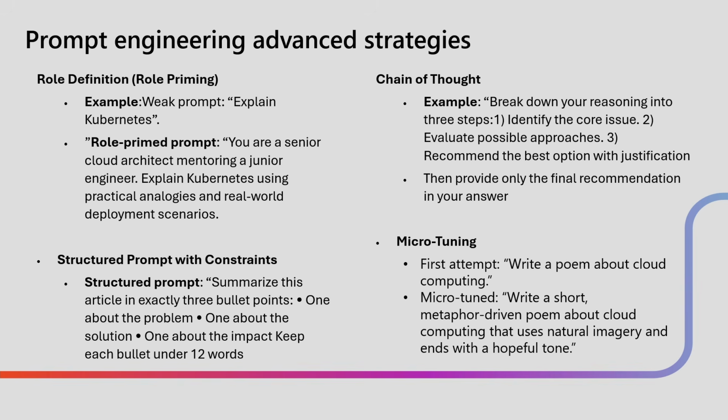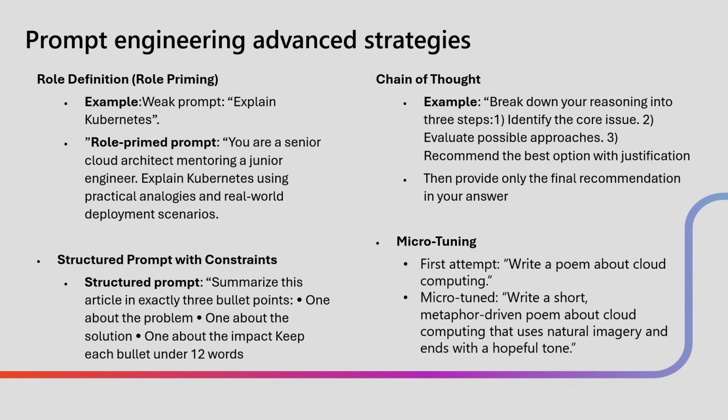Let me share a few examples to illustrate this even more. Assigning the model a role or a persona anchors its perspective and significantly affects the quality of its output. For example, you could prompt, explain Kubernetes, and then yes, it will effectively explain what this technology provides. But what if you optimize this prompt with specific role definitions, such as: you are a senior cloud architect mentoring a junior engineer.